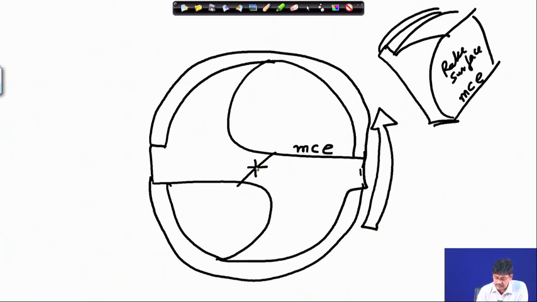Therefore, if you ask where is the direction of the cutting velocity, I will say this is the direction of the cutting velocity. Hence, it is not perpendicular to this cutting lip, but it is making an angle. The main cutting edge is here. Nowhere are the main cutting edge and this particular cutting velocity perpendicular to each other.